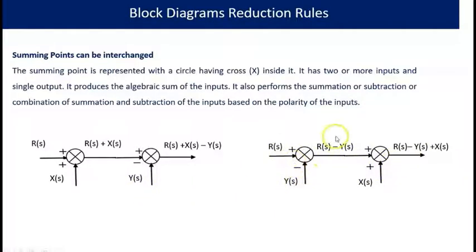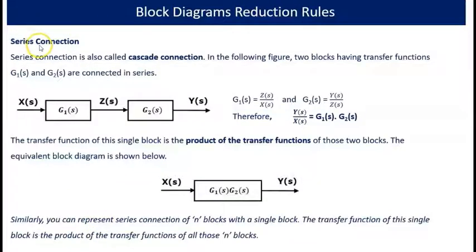So R of S minus Y of S plus X of S, both are equal. So summing points can be interchanged. That is one rule. Now next rule is about series connection.